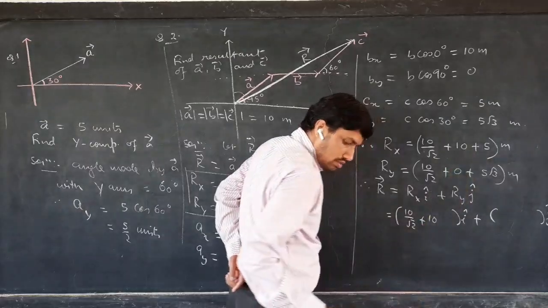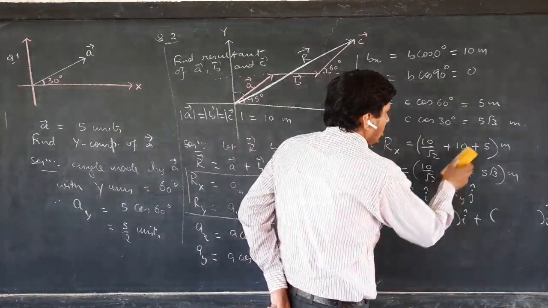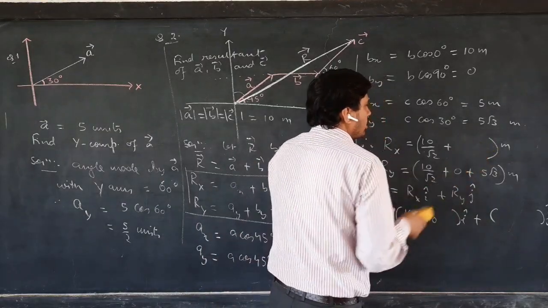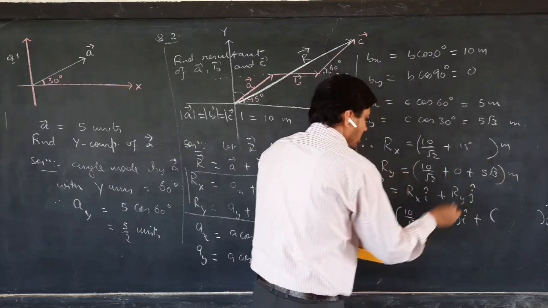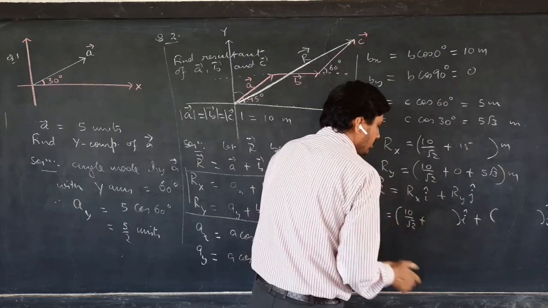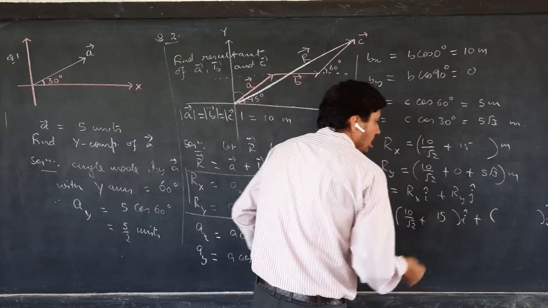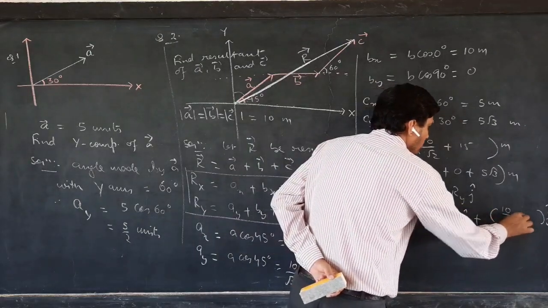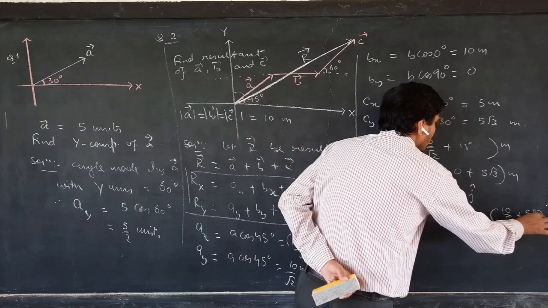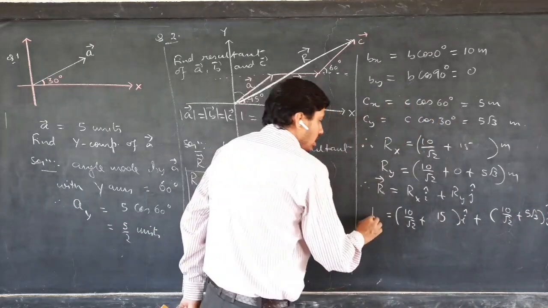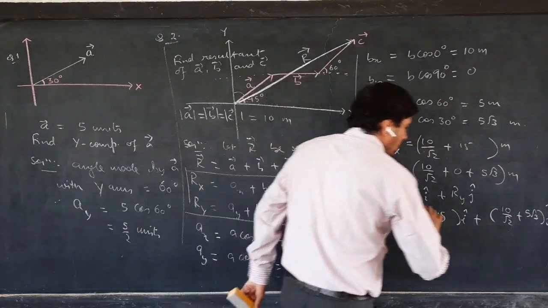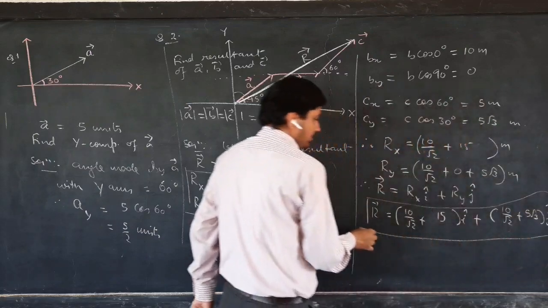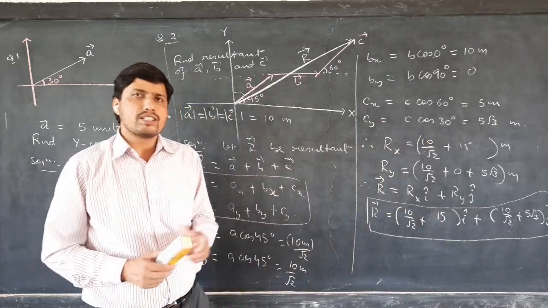Right, so that is 15 there, in fact. It doesn't look good if I write 10 plus 5, so I'm writing it directly as 15. And then Ry becomes 10 upon root 2 plus 5 root 3. So this is our complete answer. If they have asked you the resultant, this is the resultant.